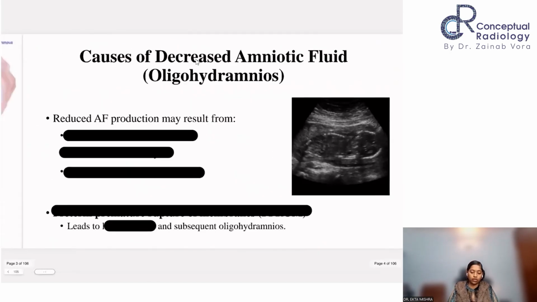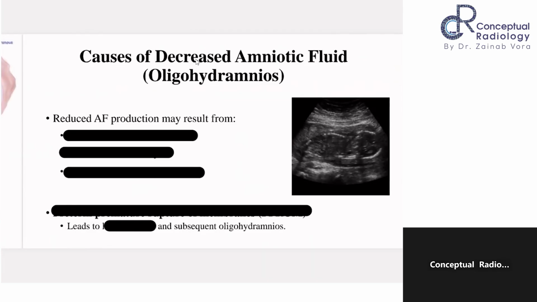Okay. So start telling me the causes of decreased amniotic fluid. First and foremost, if you're doing the scan and you see the liquor is reduced, what should come to your mind first? Very good. So you'll ask the history of leakage. Does she have any leakage? Okay, good. And structural abnormality, most important.